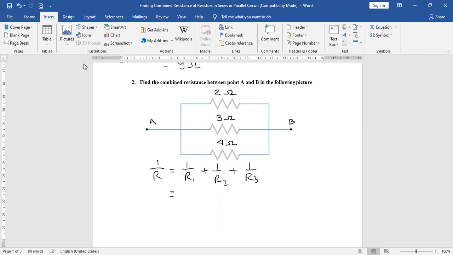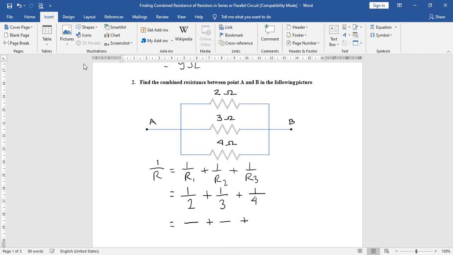So in here, just put the value of the numbers, like this. And then you do the fraction operation in mathematics.